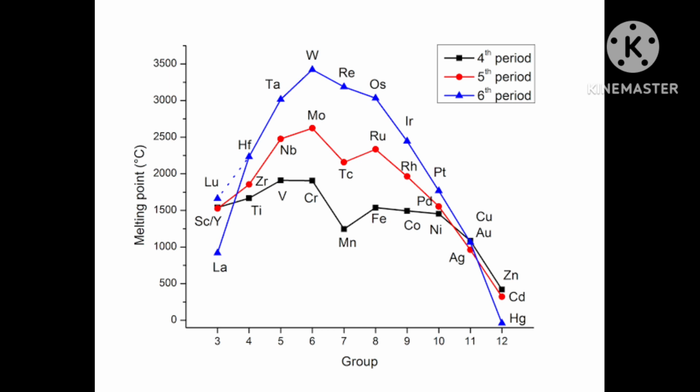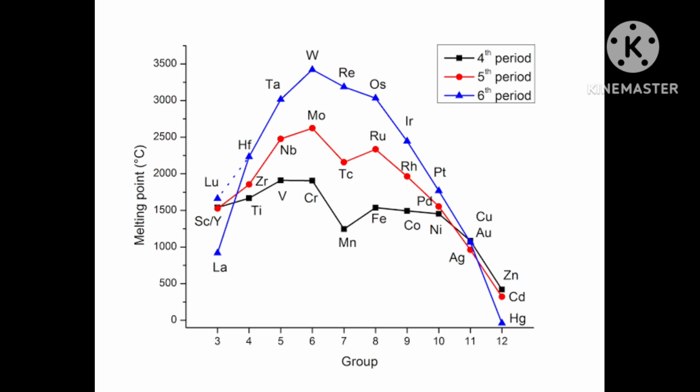Okay. The values of the first three ionization enthalpies: if you remove one electron, that is the first ionization. If you remove a second electron from the outermost, it is called second. If third, then third ionization. First it is easy to remove the first electron, it is a little difficult to remove the second electron, and most difficult to remove the third electron.